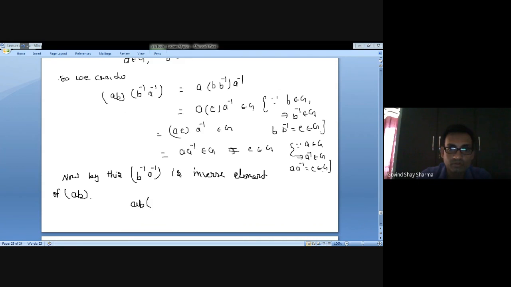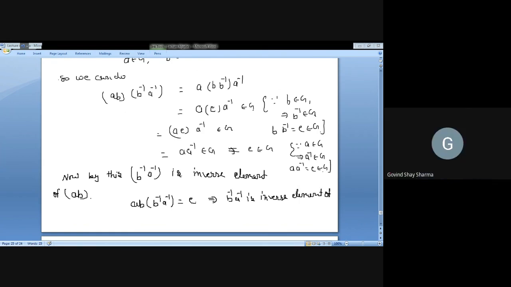AB belongs to G, and B inverse A inverse means B inverse A inverse is the inverse element of AB.